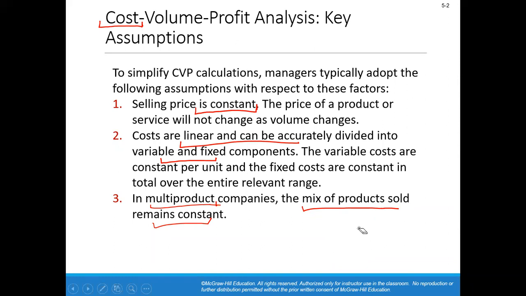Okay, so these are some assumptions we need to hold, but the caveat is that you should not think these are limitations of CVP analysis. Nowadays we use a computer Excel program or a spreadsheet program to analyze CVP.